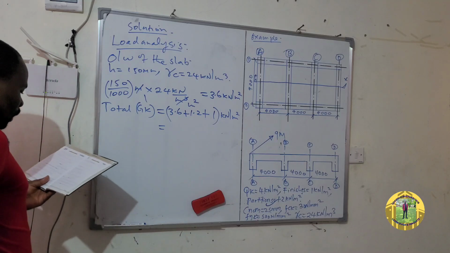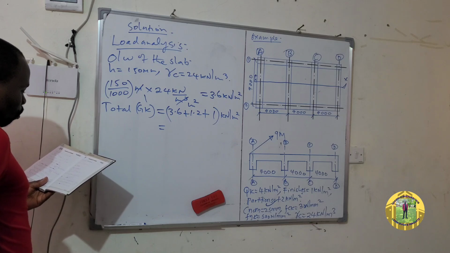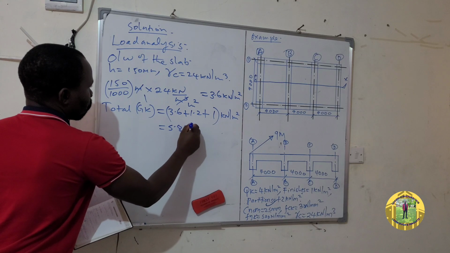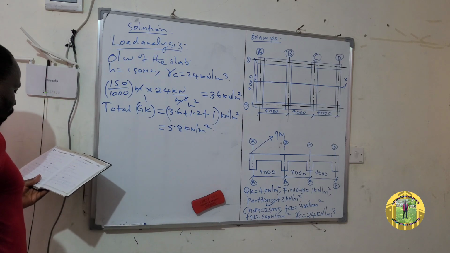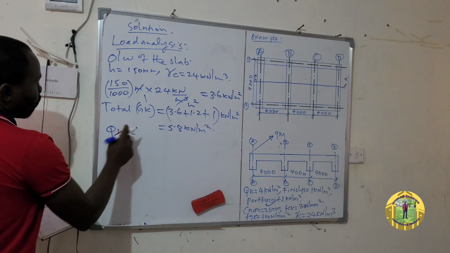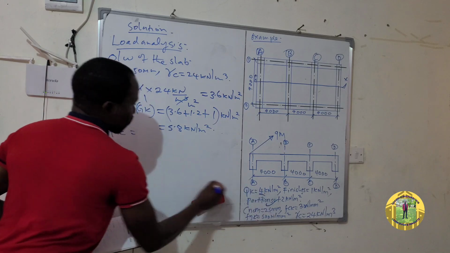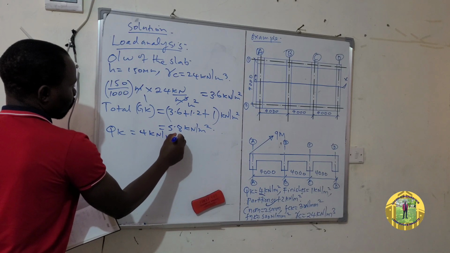So here you will get 5.8 kilonewton per meter square. And then we have the QK, which is the variable action. Here it is 4 kilonewton per meter square.